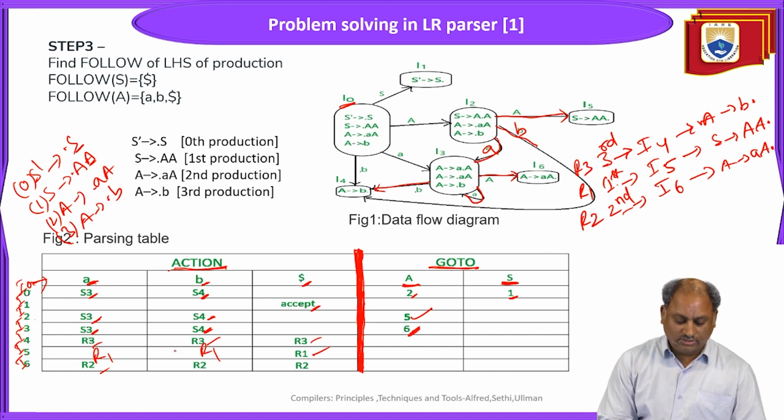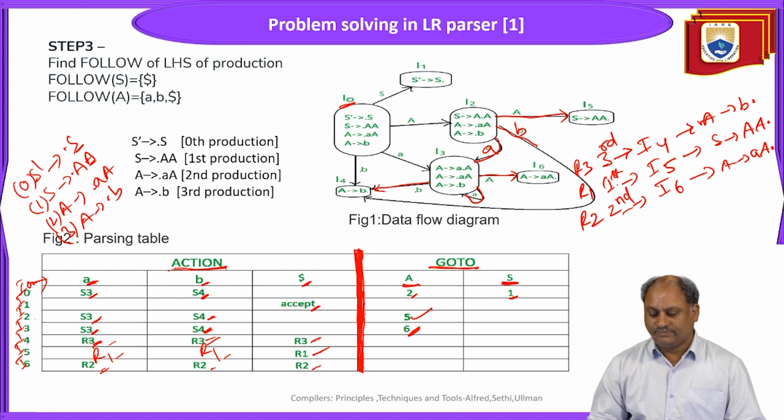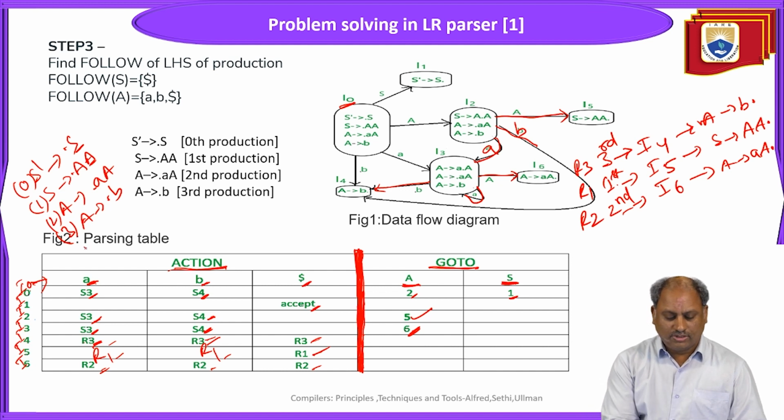So we have considered the row I4 as R3, only up to the action part, not the goto part. The corresponding symbols are R3 with a, b, dollar, and I5 also R1 with a, b, dollar, and I6 also with a, b, dollar. Like this, we have to write the parse table implementation for the given LR parser.